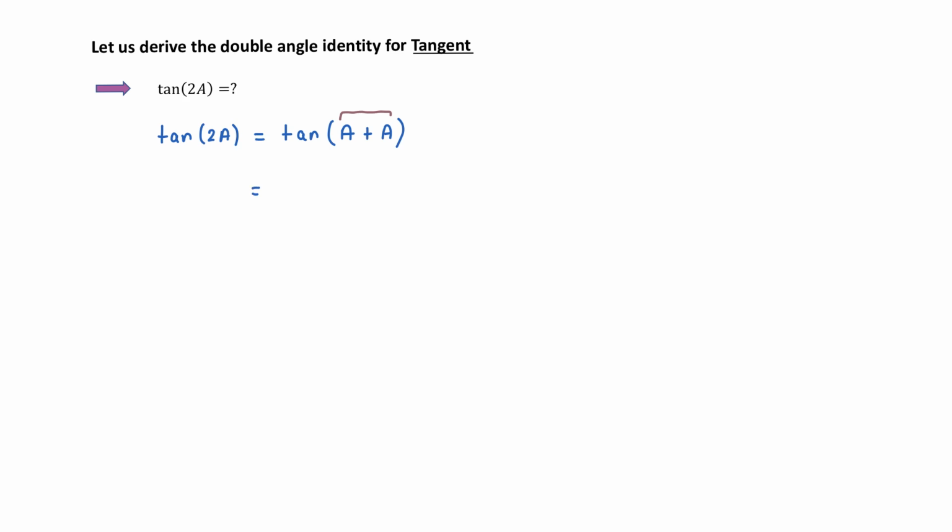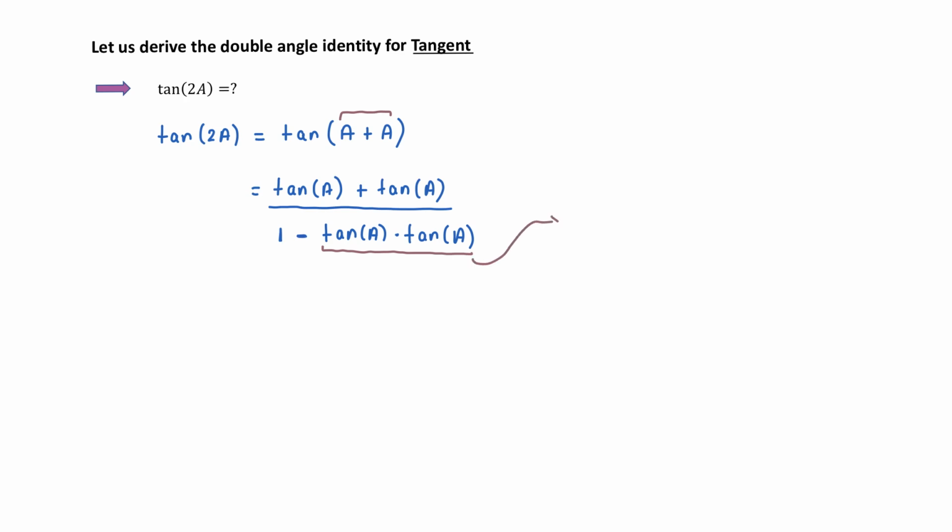So the tangent of a sum is equal to the tangent of A plus tangent of A again, all this divided by 1 minus tangent of A times tangent of A. And I want you to notice right here, look at this expression. This is like having x times x, which is equal to x squared.